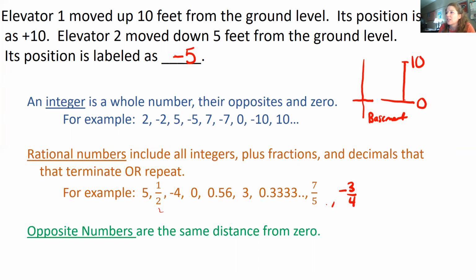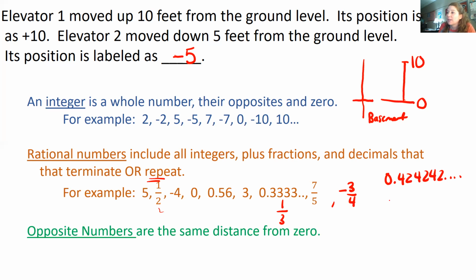And decimals that do one of two things: either they stop, like 0.5 or 0.56, or they repeat in a pattern, like 0.33333, because repeating decimals we can always write in fraction form. All repeating decimals are numbers we can write as a fraction. Even two numbers that repeat, 0.42, 42, 42. If they repeat in a pattern, it's a rational number.